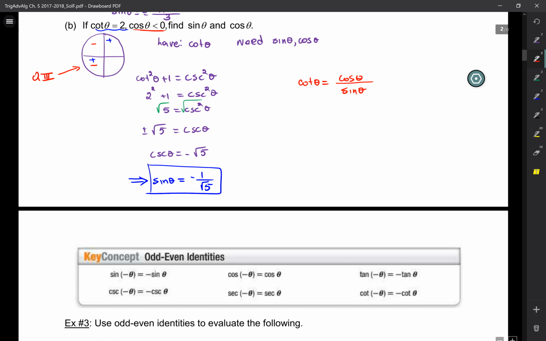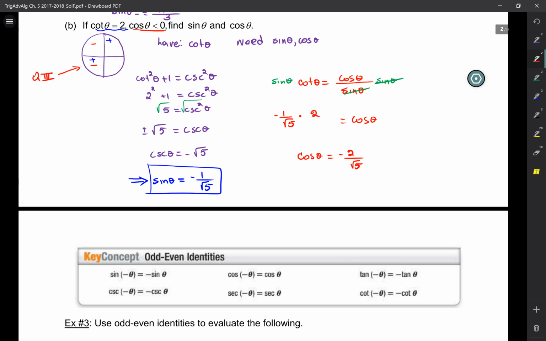So what do we need here? We need cosine. Let's multiply everything by sine. So cosine of theta is sine of theta, which is negative 1 over root 5, times cotangent, which is 2. So cosine of theta is negative 2 over root 5.